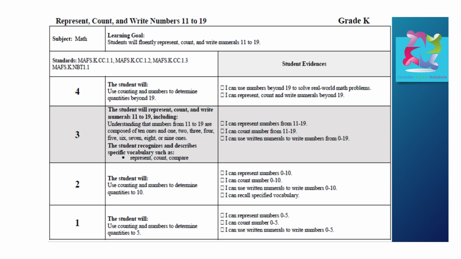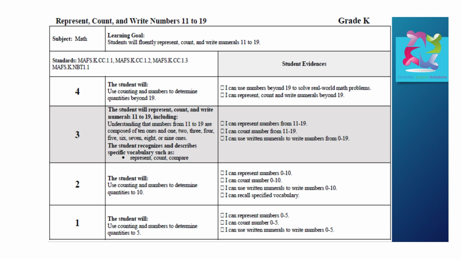Here's one for kindergarten. Students will fluently represent, count, and write numerals 11 to 19. If a student were starting at a level 1, they'd use counting in numbers to determine quantities of 5. And a student can write in their notebook, I can represent numbers 0 through 5.